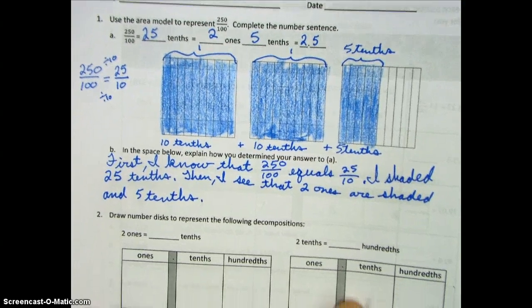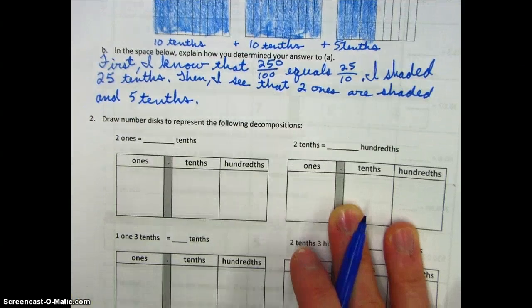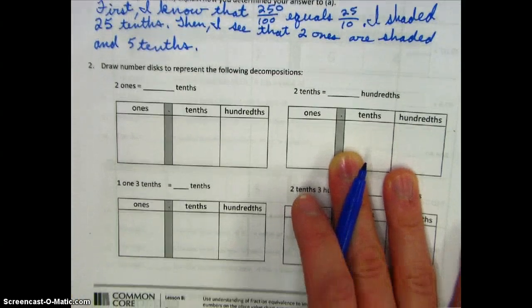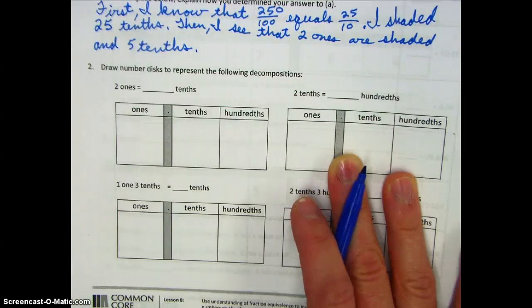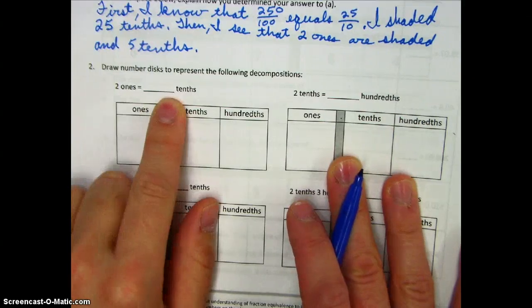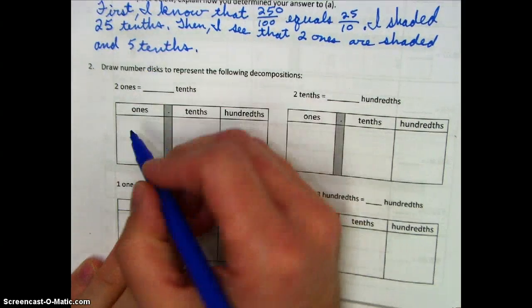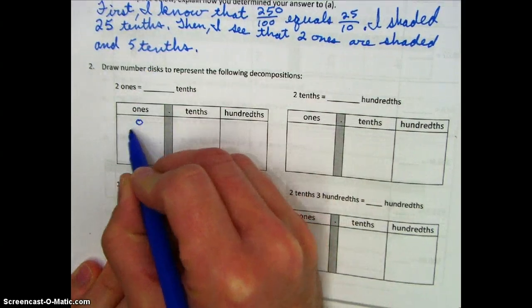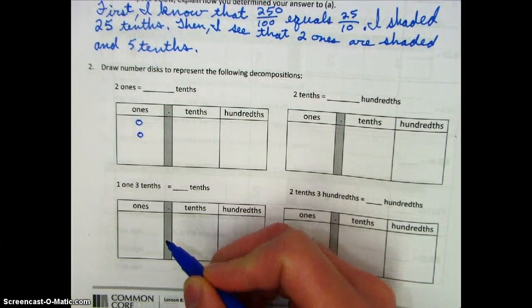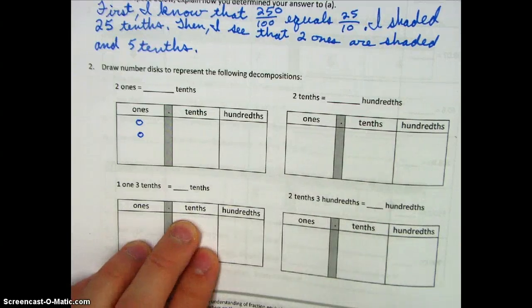But we'll move on to question 2. So what we're going to do here is we're going to go back to our number discs to represent the following decomposition. So we're going to take a look at 2 ones and think about how many tenths that would equal. So we're going to draw our number discs to demonstrate our 2 ones. Now remember, we're decomposing, so it means we're breaking them apart.